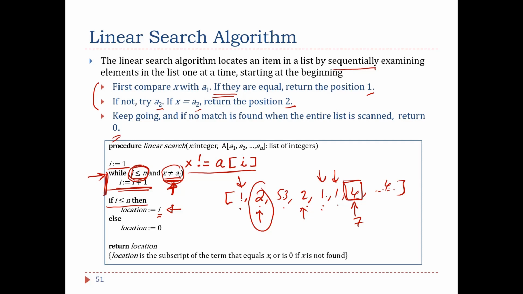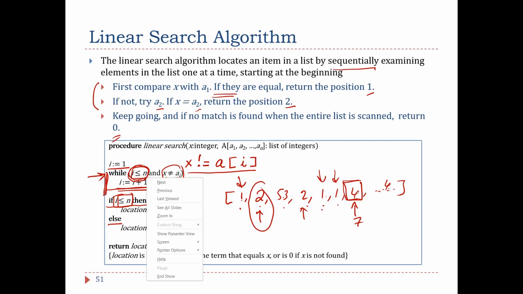So otherwise, if I is not less than or equal to n, it means that we have checked all the AIs, but unfortunately we didn't find the value. So x has been found to be different than all the AIs for all the i's starting from 1 up to n included.